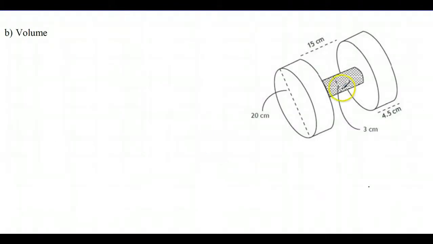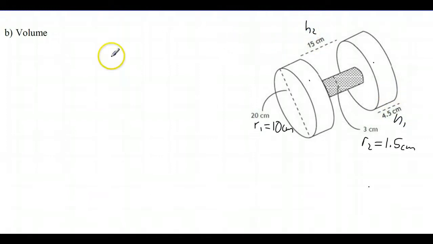Often volumes are easier, because we don't really have to worry about the fact that they're joined. We just need the volume of this and the volume of this. They're the same, so two volumes of these guys. Okay, and just remember, R1 is 10 centimeters. This is a diameter of 3, so R2 is 1.5 centimeters. The height of these guys, let's call that H1, and the height of this, H2.